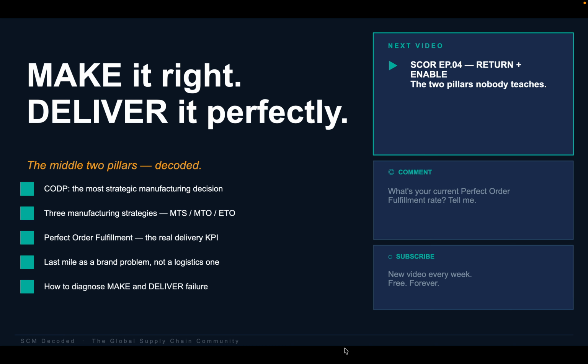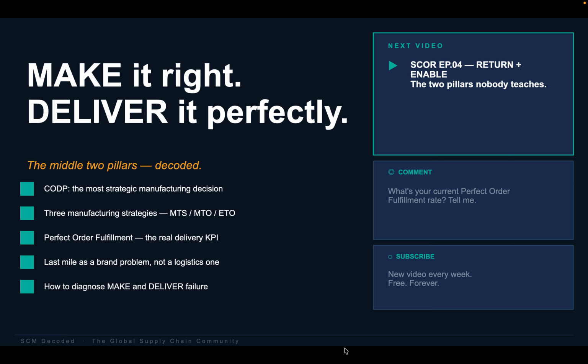So before we end over here, I want you to identify one product in your portfolio and check on this CODP where it is sitting. Is it in the right place for that product's demand pattern, or did it end up there by default? If you cannot answer that question confidently, you have found your starting point where you have to start thinking.